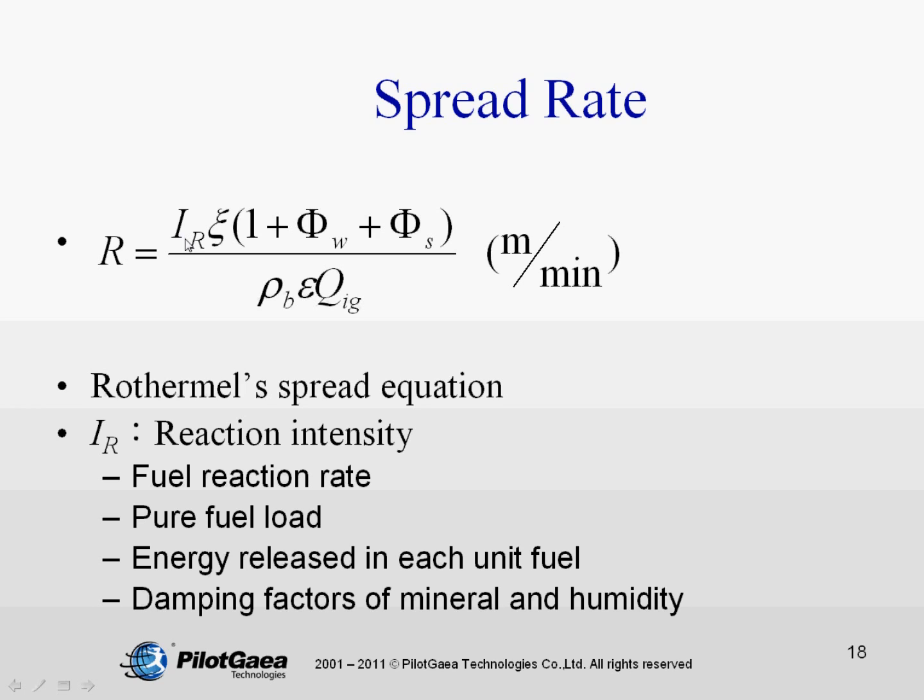This one is the reaction intensity. The reaction intensity has a relation to the fuel reaction rate, pure fuel load, energy released in each unit of fuel, and damping factors of mineral and humidity.